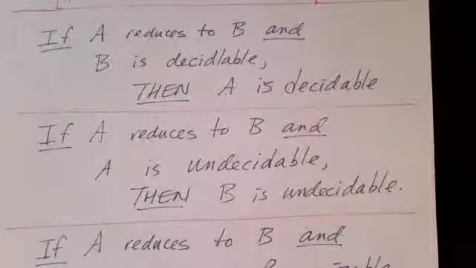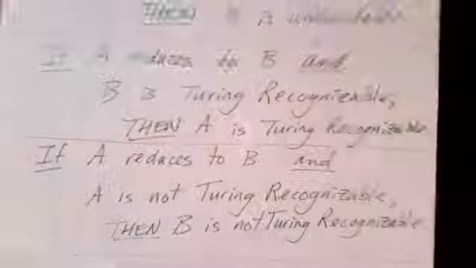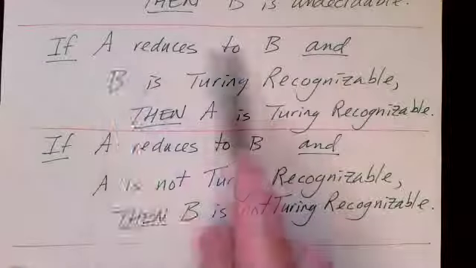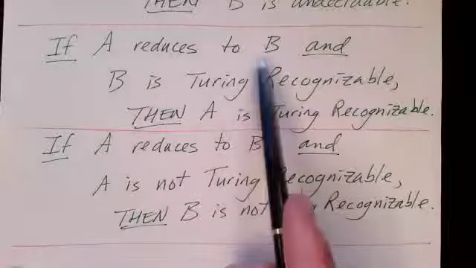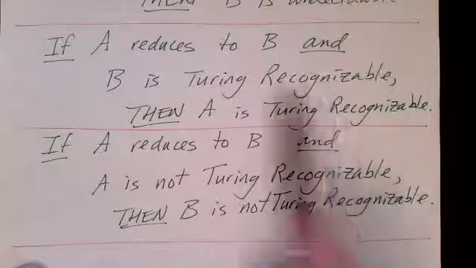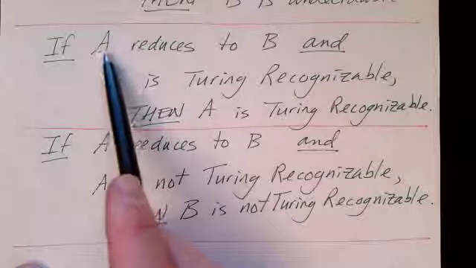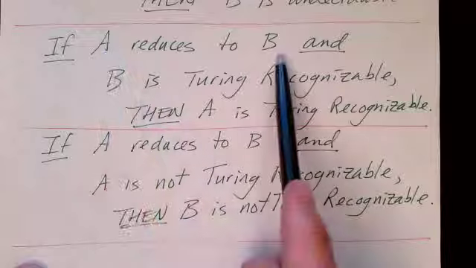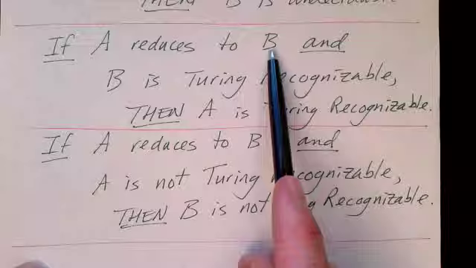We can also do this with recognizability, not just decidability. So we have a couple here to say that. If A reduces to B and B is Turing recognizable, then A has to be Turing recognizable. If we've got a particular element and we want to know whether it's in A or not, we can reduce it to an element and check that to see whether it's in B or not.